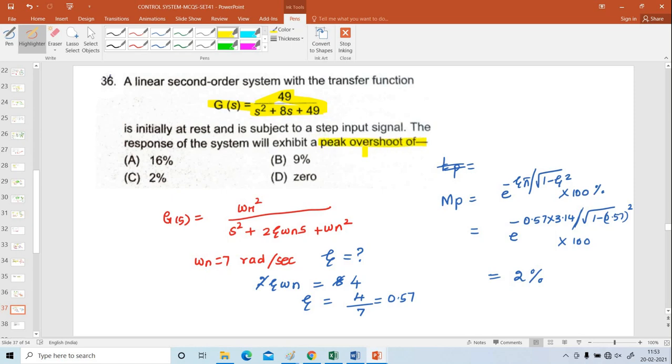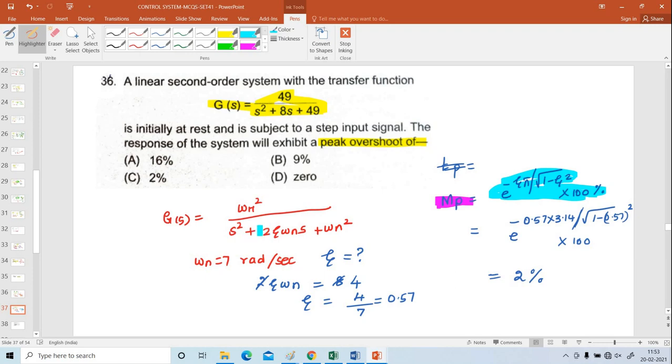Here I am going to find the peak overshoot. What is the formula for peak overshoot? Mp equals e^(-ζπ/√(1-ζ^2)) times 100. This is the formula used to find the maximum or peak overshoot.